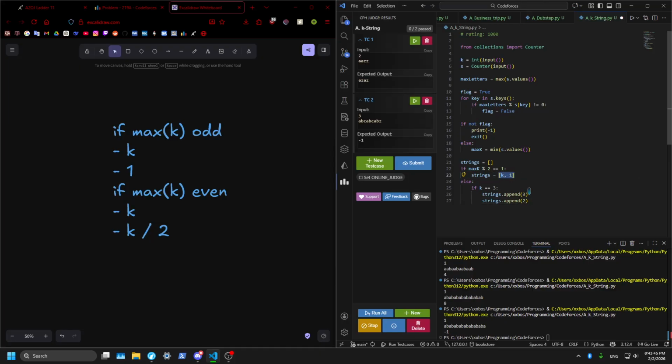Okay, well, 1 is always a case, so strings dot append k, and if case, and then we break.